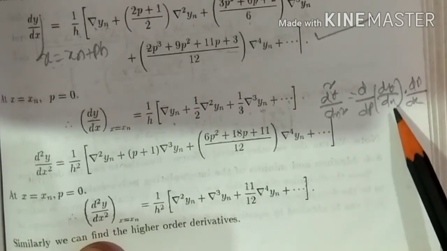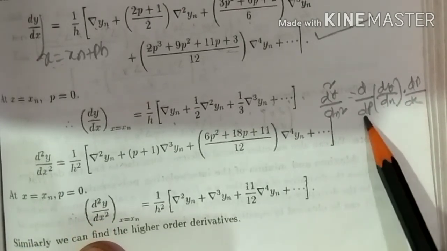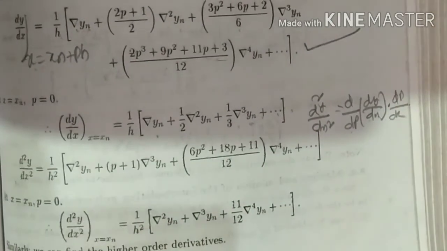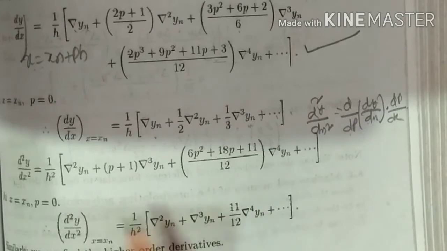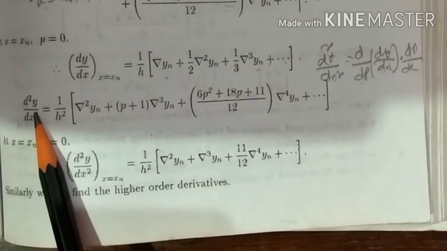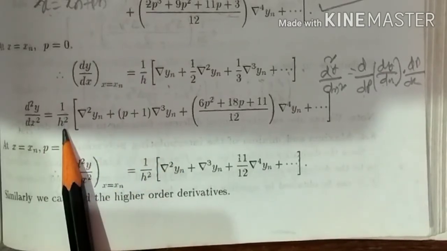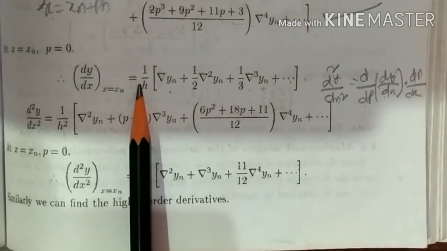So again, we have to differentiate dy/dx with respect to p, so that we can find d²y/dx². Now d²y/dx² equals this 1/h I already wrote, and another 1/h is there.